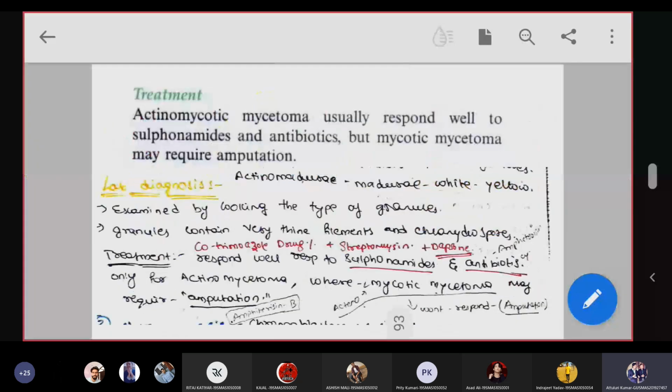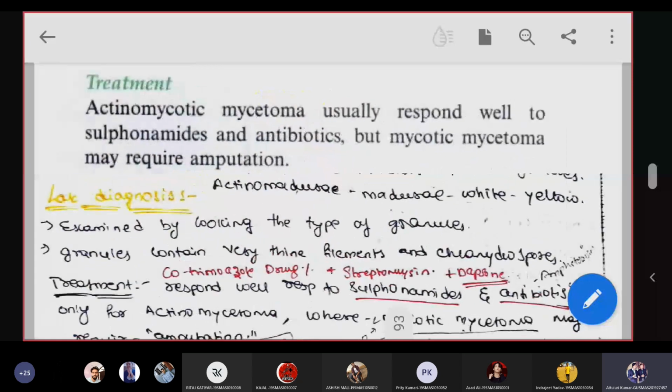Then the treatment for mycetoma. Actinomycotic mycetoma usually responds well to sulfonamides and antibiotics. So you can use sulfonamides and antibiotics for the treatment of this infection. But mostly mycetoma infections require amputation, which is very painful.